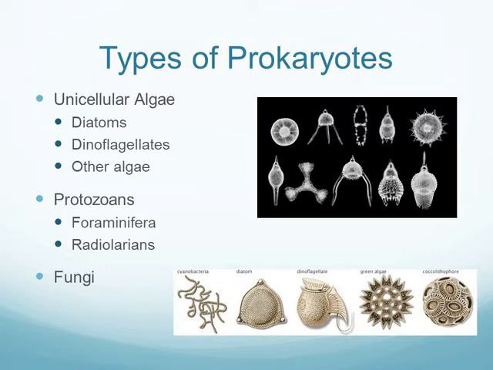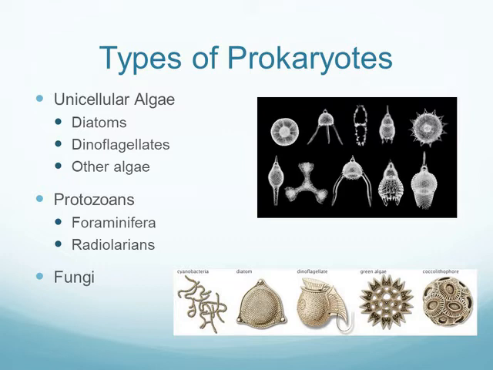So that image with the black background on the right hand side on the top, those are different images of radiolarians. And on the bottom there you can see some examples of the different types. So you have cyanobacteria, diatoms, dinoflagellates, green algae, and coccolithophores. And then also fungi.